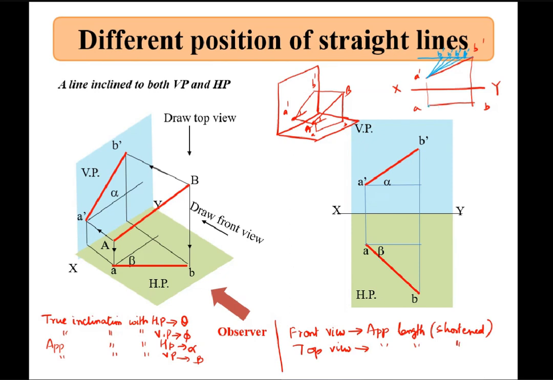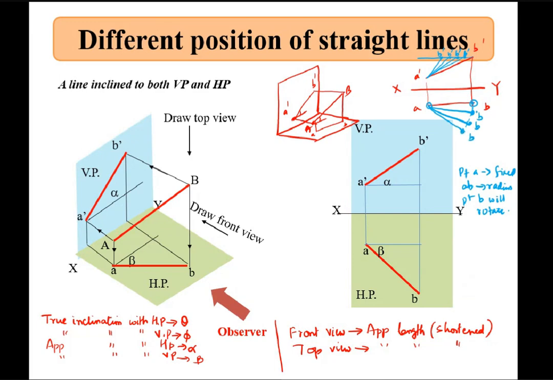So this point A is fixed. AB will be the radius. Point B will rotate like this. So you can have one AB like this, one AB like this, and one AB like this.